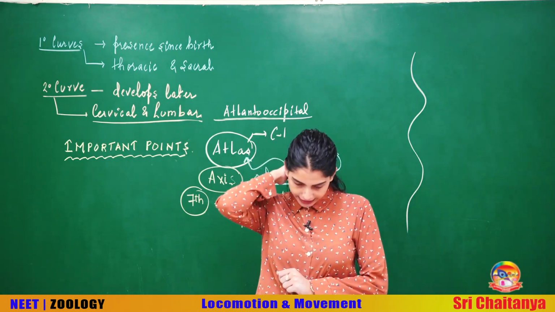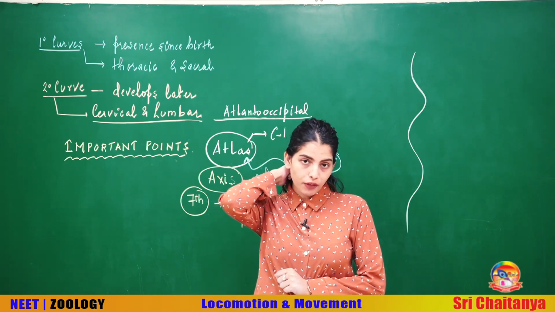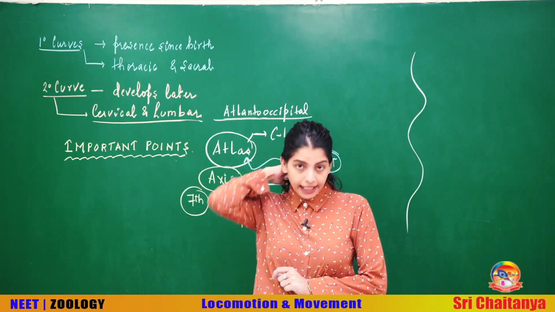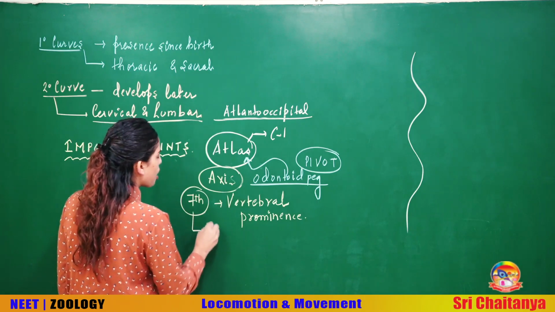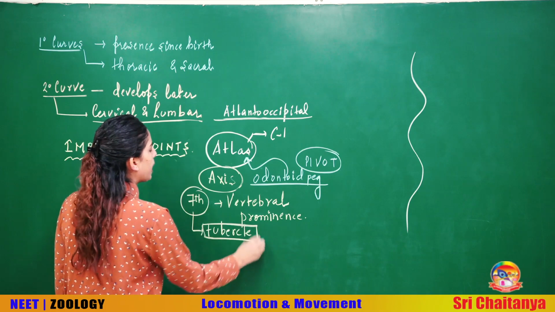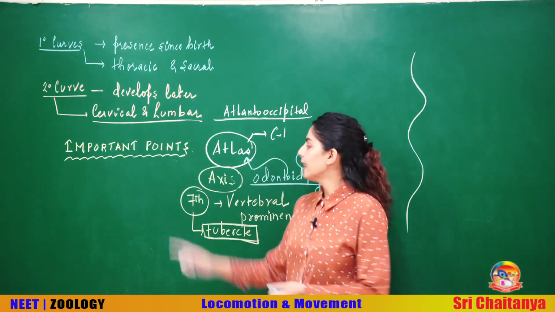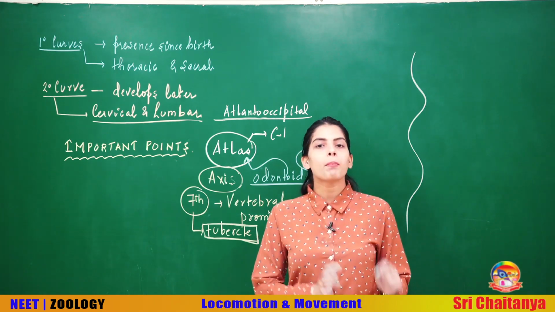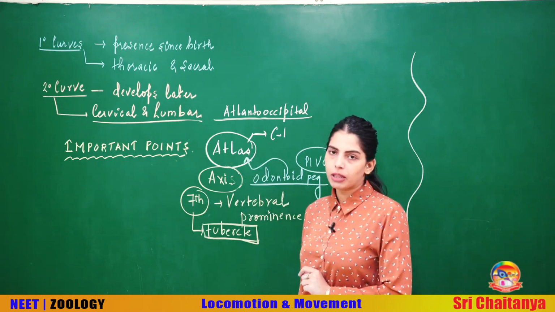When you move your head down and try to touch the base of your neck, you will find an elevation. That elevation is called the tubercle. This tubercle can be felt at the base of the neck, which is why the seventh cervical vertebrae is called the vertebral prominence. Got it? First is atlas, then axis, then seventh is vertebral prominence.